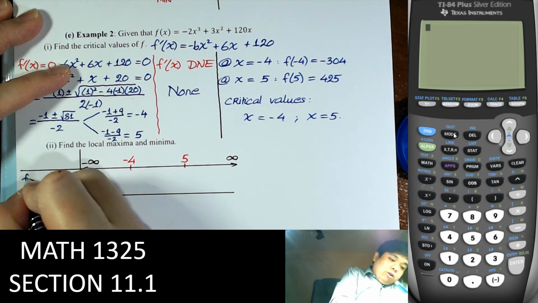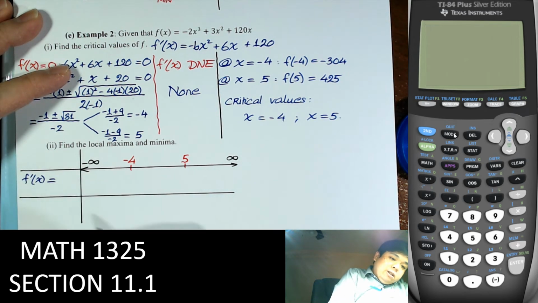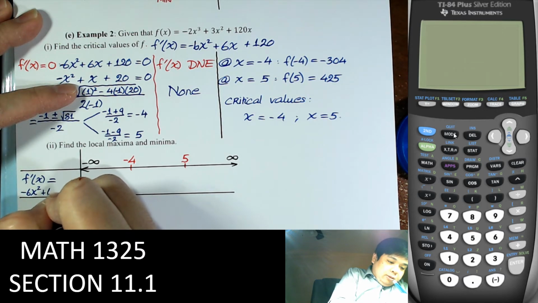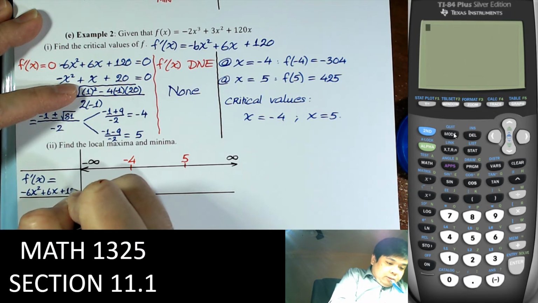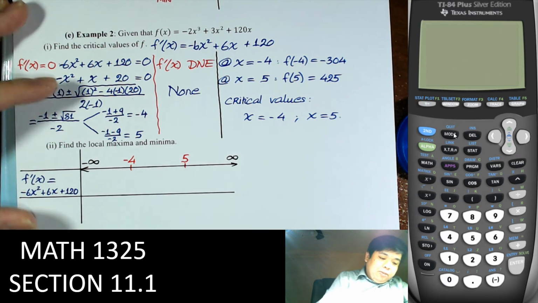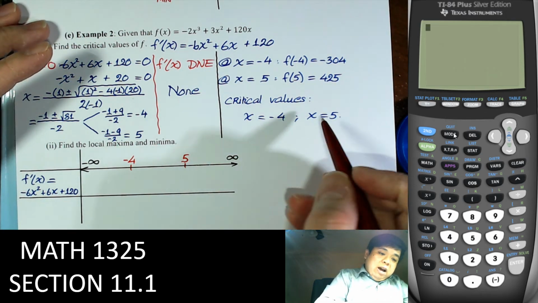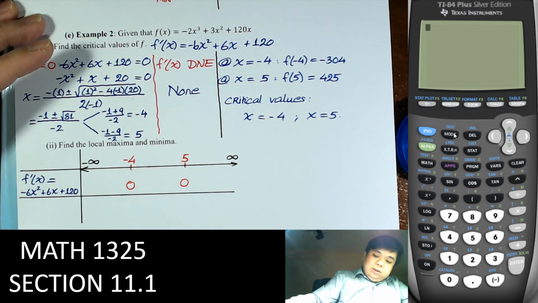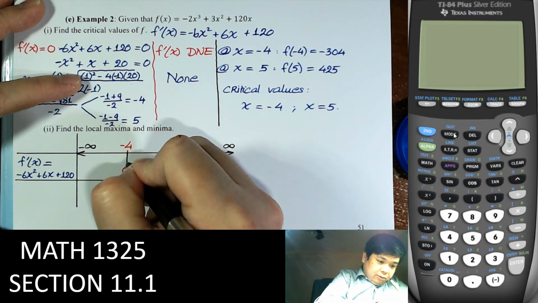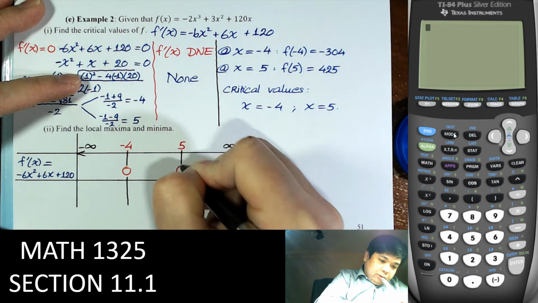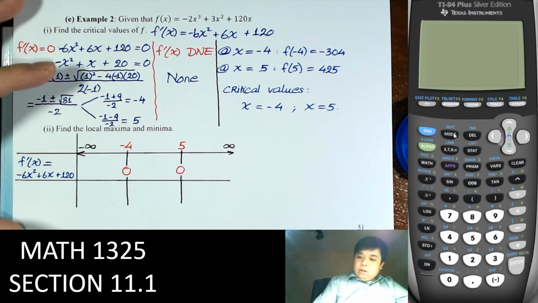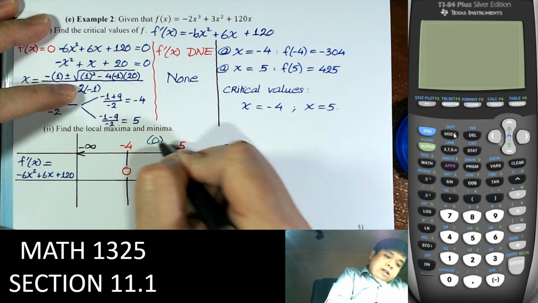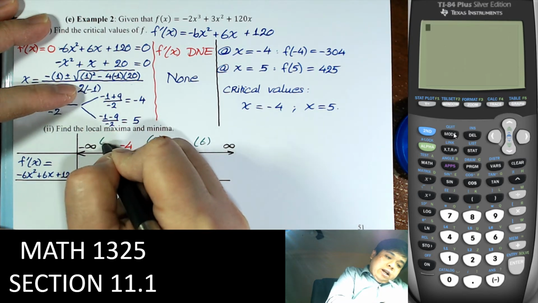The sign chart is for the derivative, and those values come from where the derivative equals 0. Test points: 0 would be here, 6, and -5.